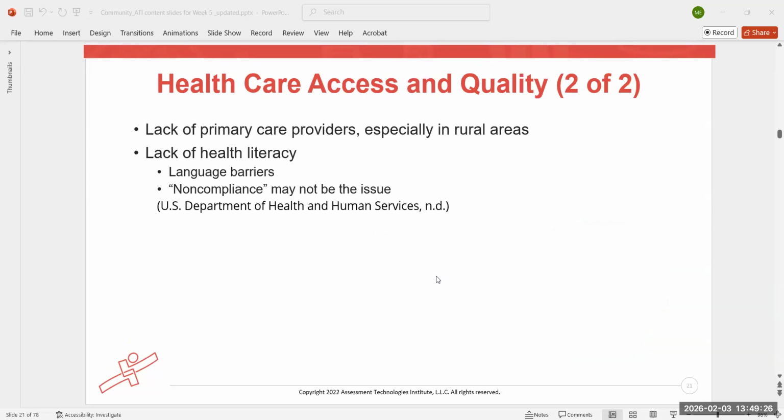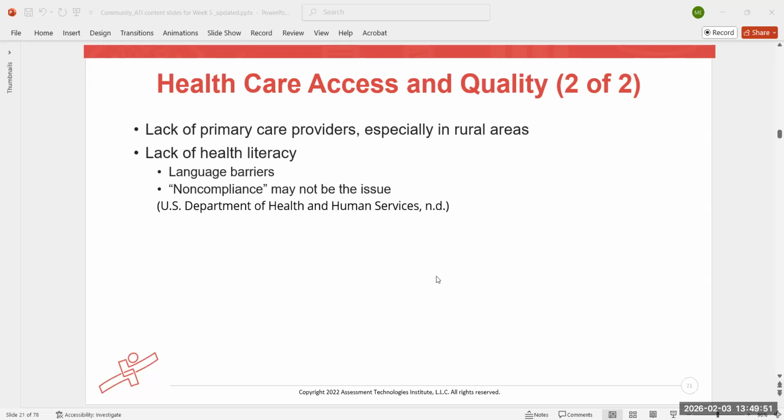Another piece would be for those who live in rural areas, because of the distance, there could be a lack of primary care providers in general. Transportation is going to be a big issue here. Just the distance to get places when you're living in a rural area can be limited if no transportation and limited food sources as well.